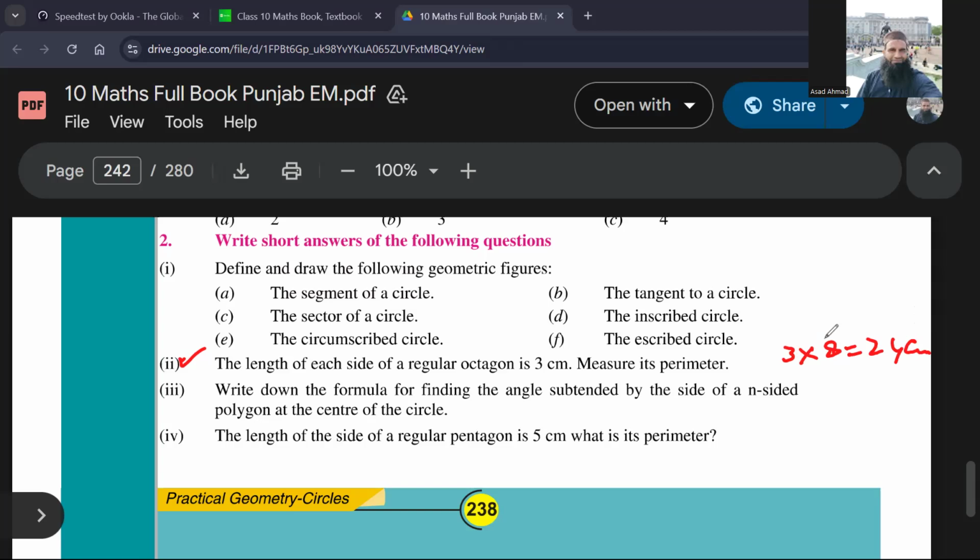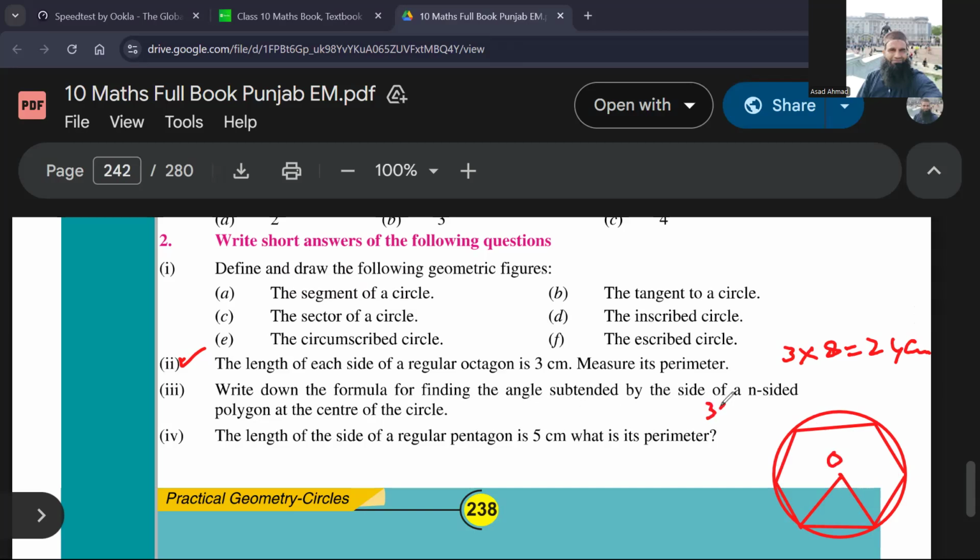Write down the formula for finding the angle subtended by the sides of an n-sided polygon at the center of the circle. So this is how we can find it. If a regular hexagon is inside the circle, it contains 6 sides. So at the center there is a total angle of 360 degrees.